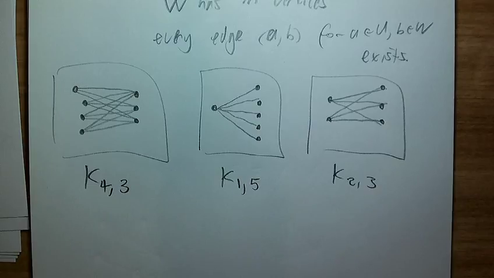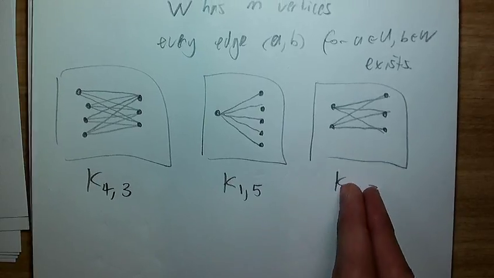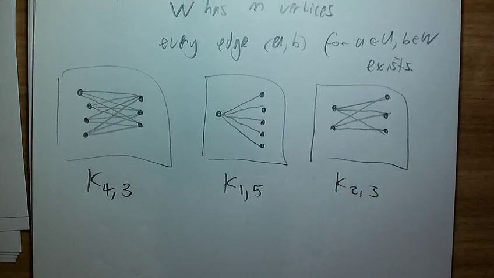Okay, so if you want to know whether something is K_{2,3}, you know it has to have 5 vertices. You'll have to find out whether it's a bipartite graph, and then you will have to see if everything on one side is connected to everything on the other, and then you'll know if it's the one you were looking for.